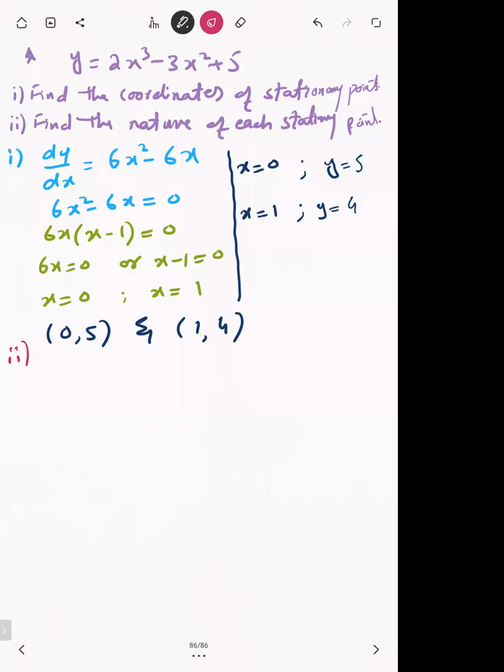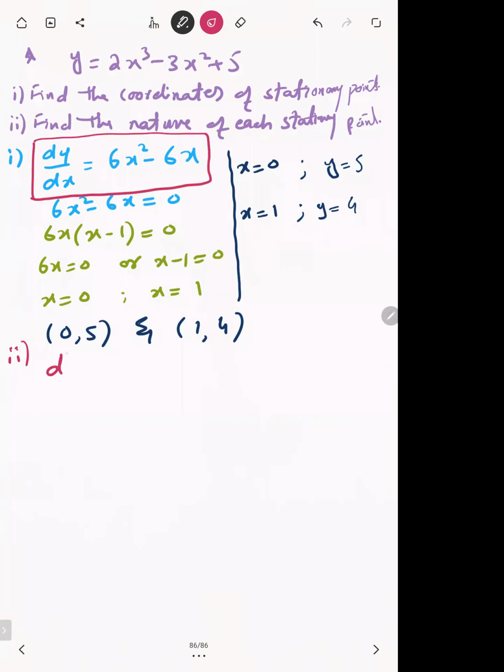Okay, now the second part, you have to find the nature of each stationary point. And for nature, we know that there is the second derivative test. Now let's apply that second derivative test. But before that, we need to find the second derivative. This is dy by dx.